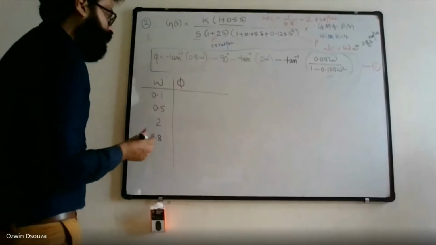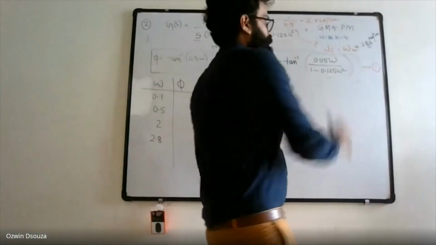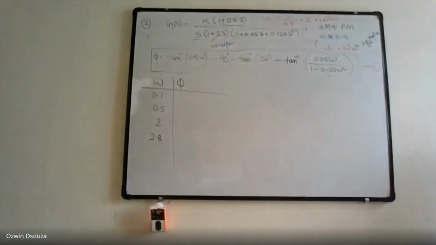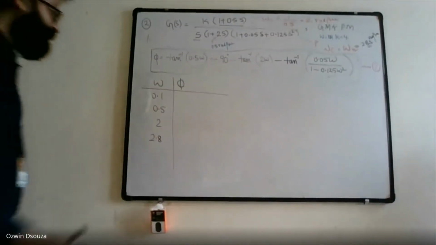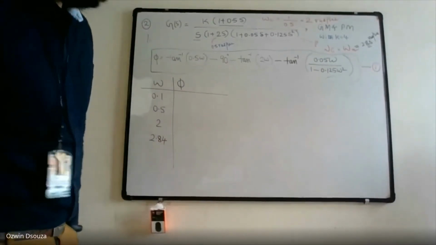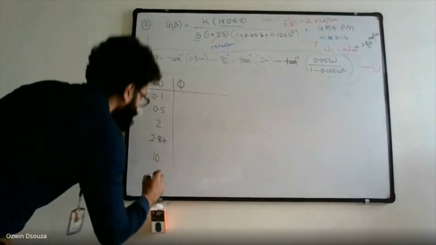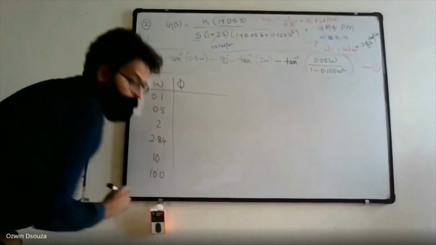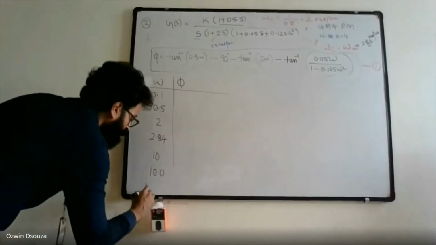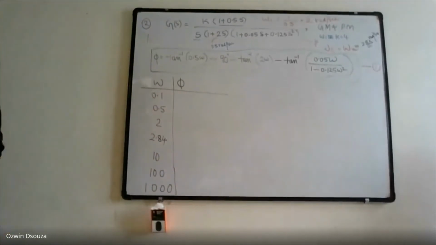I won't take 2.83 because at 2.83 you will end up getting an infinite dimension. So 2.84, and then 10, some 100, and so on. You can take different frequencies.